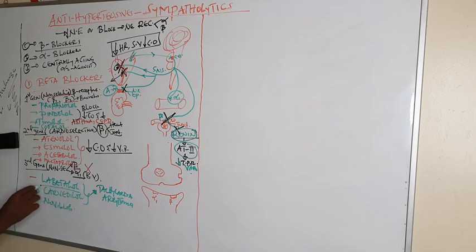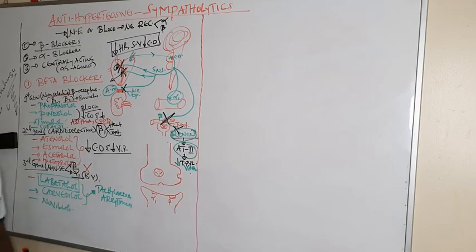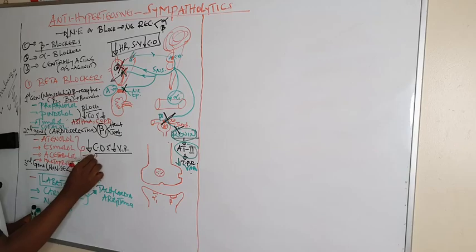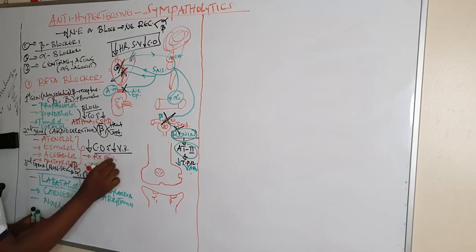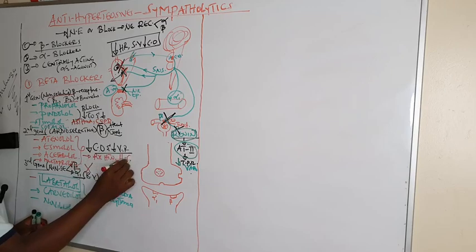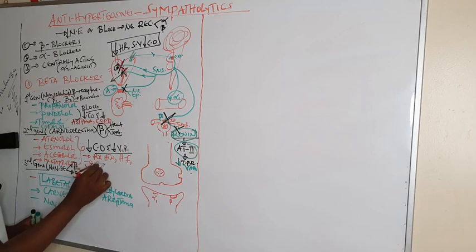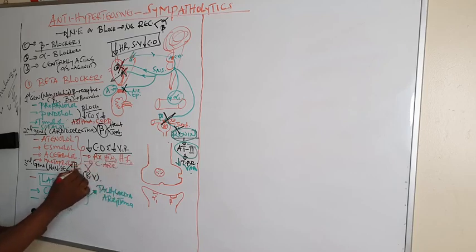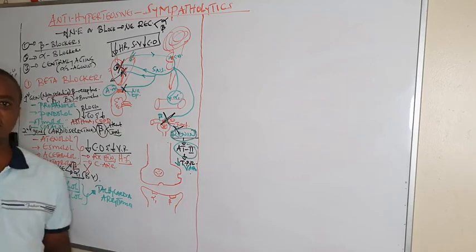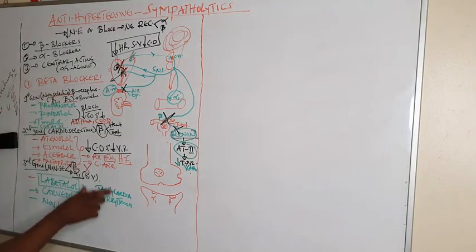Labetalol is the best drug which we can use in treatment of patients with pregnancy and at the same time with hypertensive emergency. Then these ones we have seen, we are indicating them in treatment of hypertension, people with heart failure, and patients with cardiac arrhythmias. Cardiac arrhythmias, heart failure, and hypertension, we can easily use cardioselective drugs for treatment of those conditions.